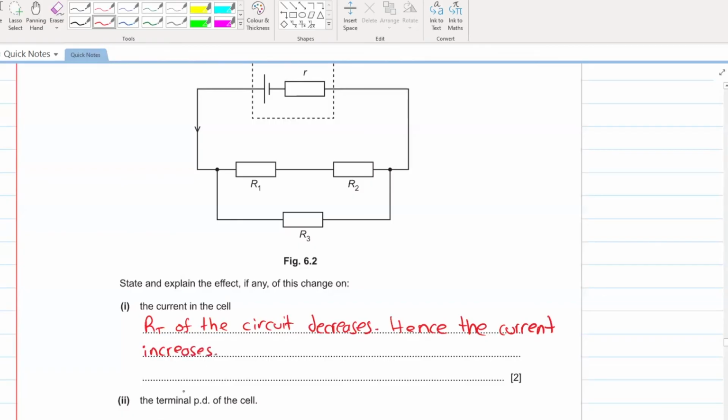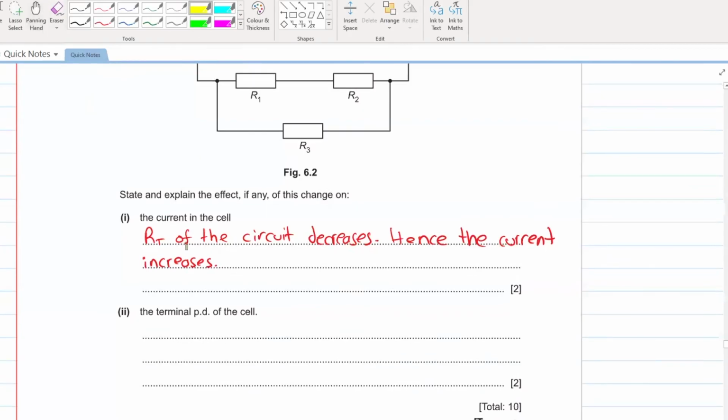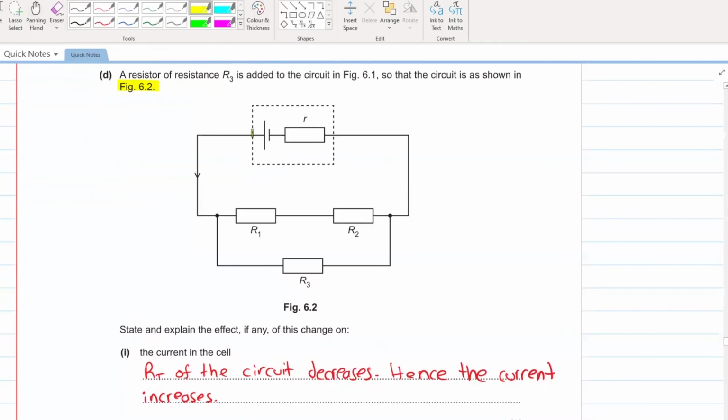Perfect. Nothing complicated. Now, you have to tell what will happen to the terminal potential difference of the cell. If you focus a bit, if your current increases, the voltage across the internal resistance will increase.